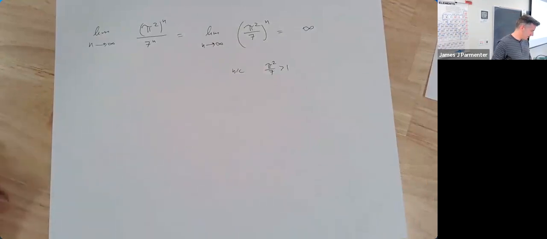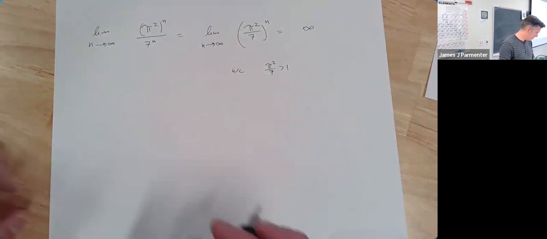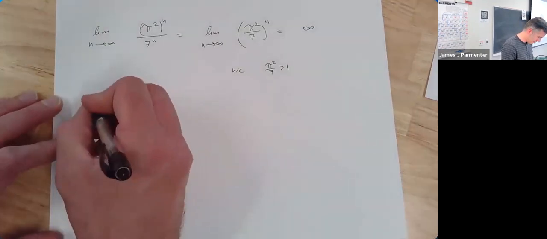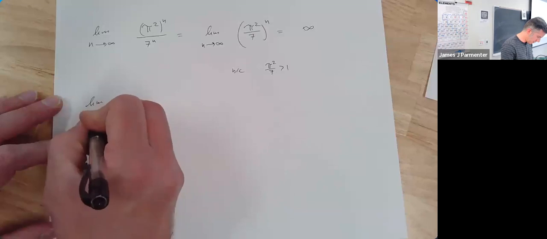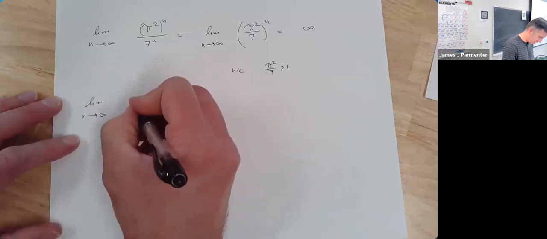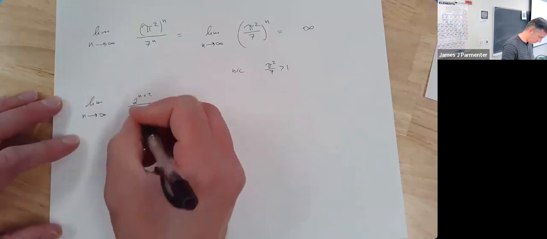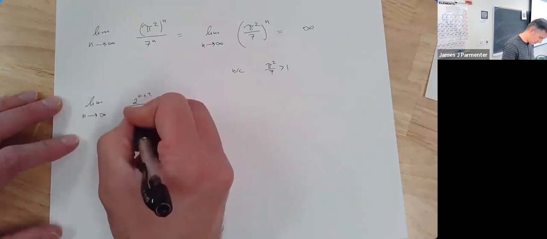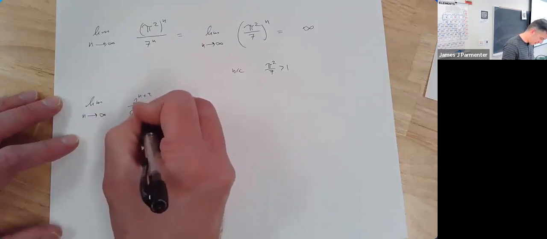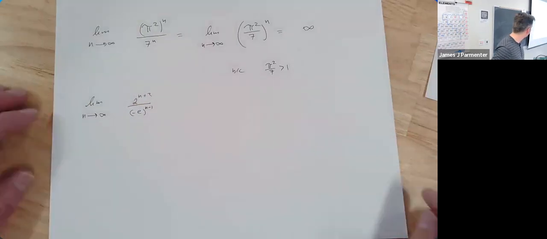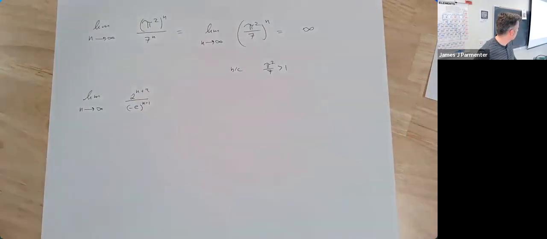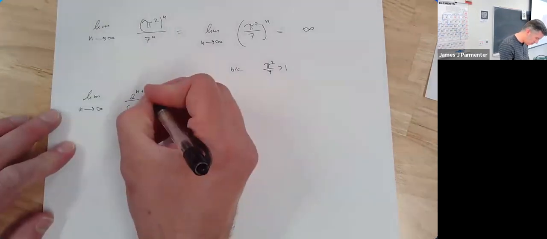On the other side of things, what if we had something like the limit as n goes to infinity of 2 to the n plus 3 over negative e to the n minus 1. The plus 3 and the minus 1 do not matter.